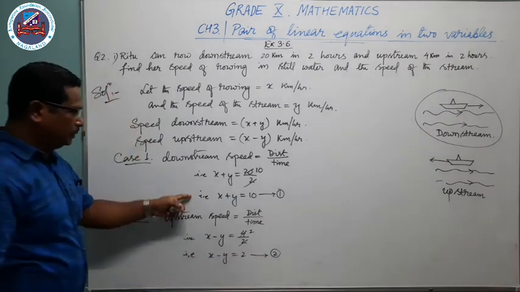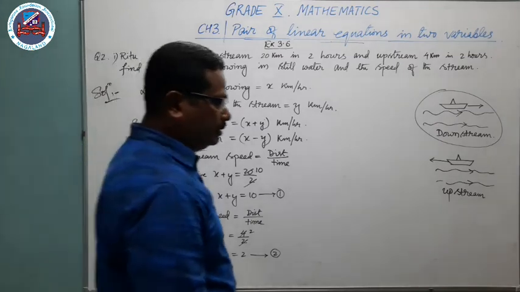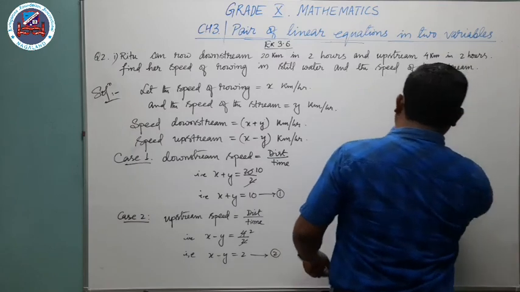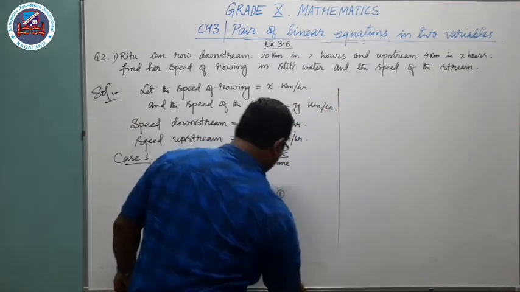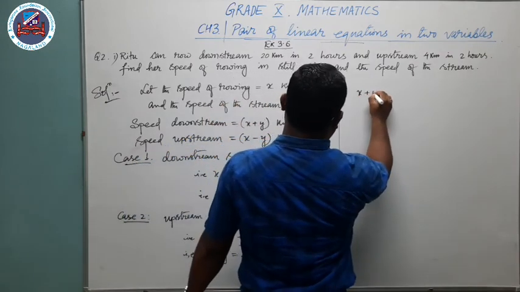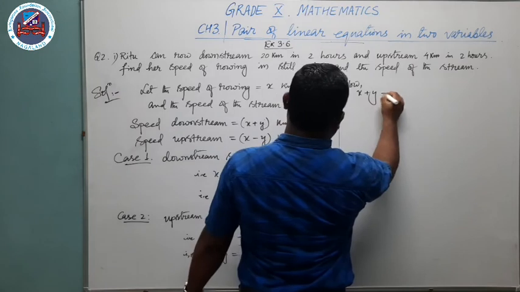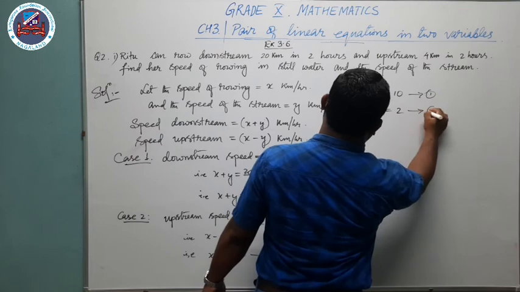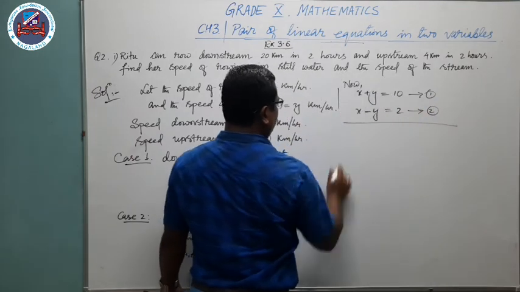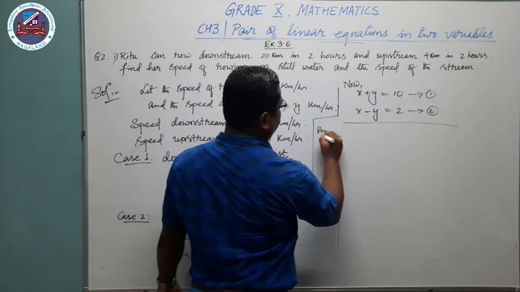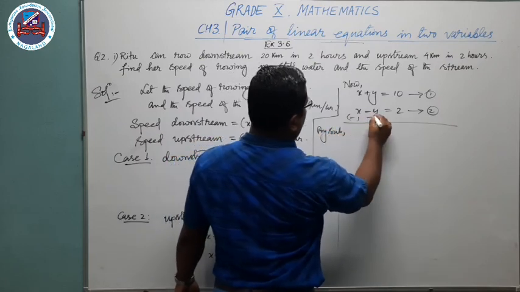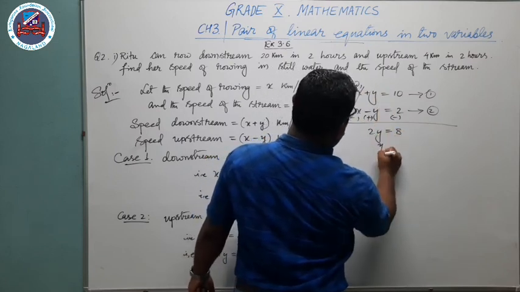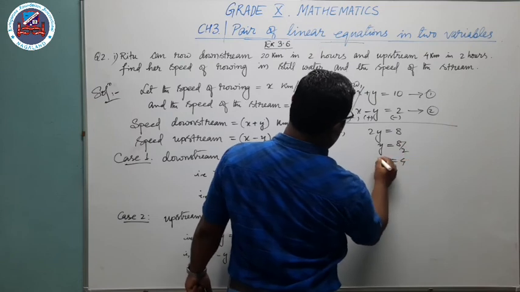Now solve these two. Here you can see the coefficients of x are equal, so you can go for equating the coefficients, the elimination method. So directly you can write x plus y is equal to 10 and x minus y is equal to 2. This is equation 1 and this is equation number 2. By subtracting, the minus will become plus, cancel it, 2y is equal to 8, y is equal to 8 by 2, which is 4.